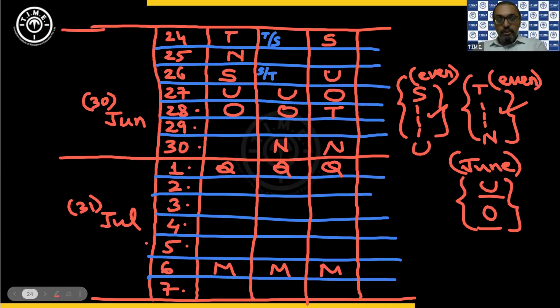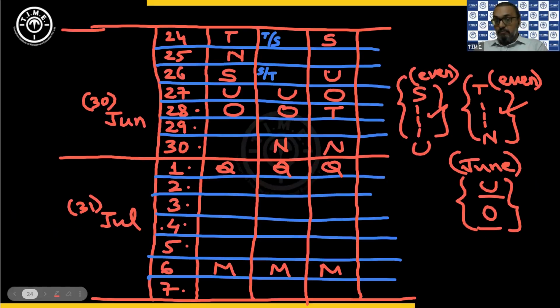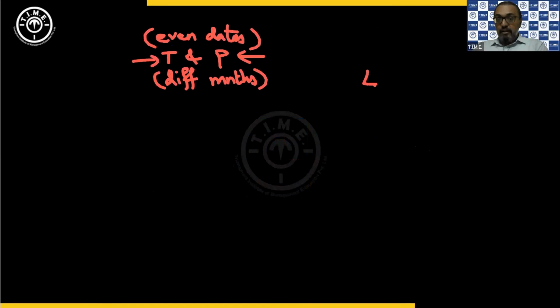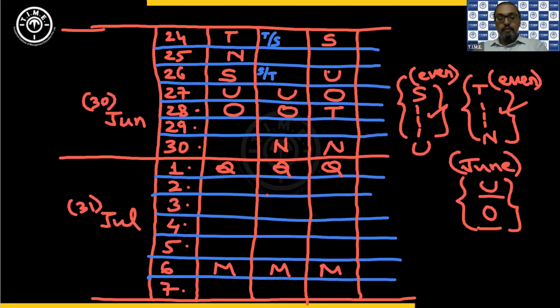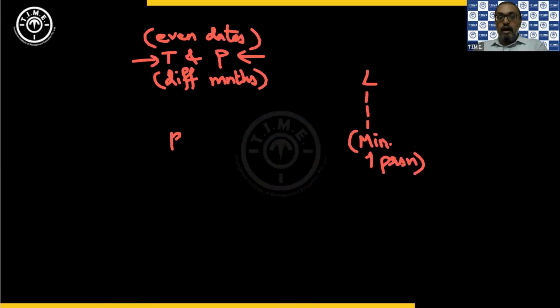Okay. Now further, what he says, L is older than at least 1%. Okay. So we have L should be above minimum 1%. Then only one person was born between R and P. Okay. So between R and P, there should be only one person.